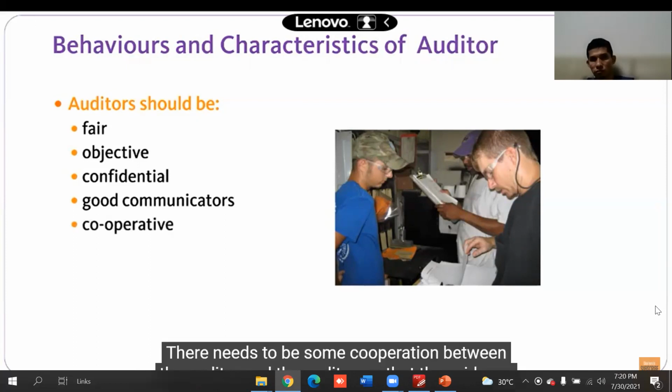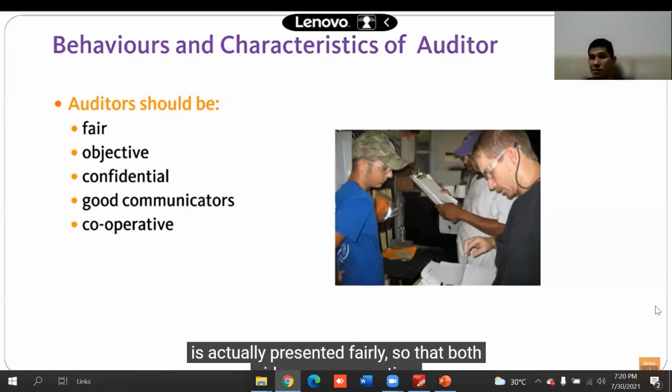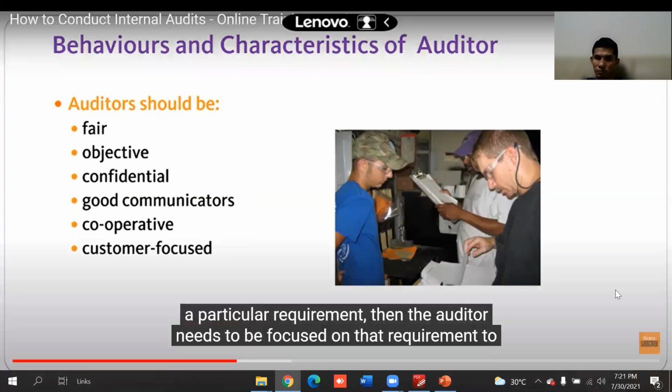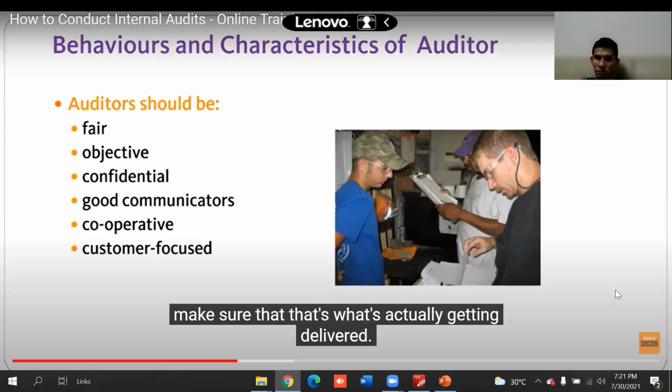There needs to be some cooperation between the auditor and the auditee so that the evidence is presented fairly and both sides are cooperative. The auditor also needs to have the customer in mind, so that if the customer is wanting a particular requirement, then the auditor needs to be focused on that requirement to make sure that that's what's actually getting delivered.